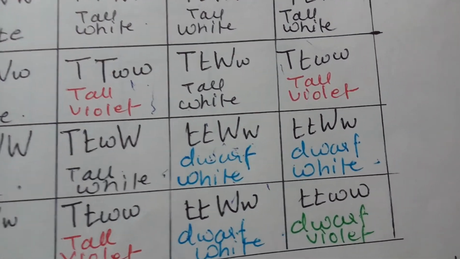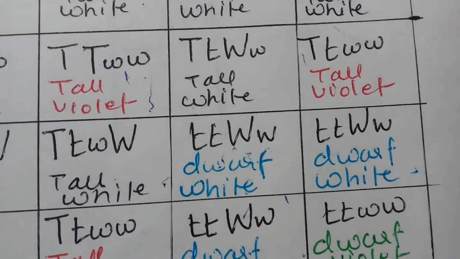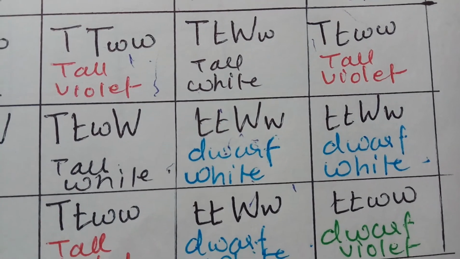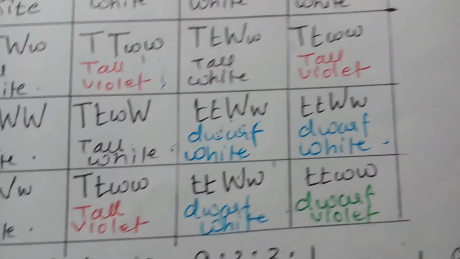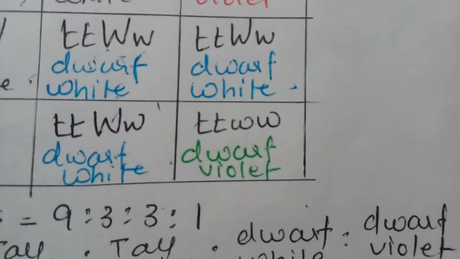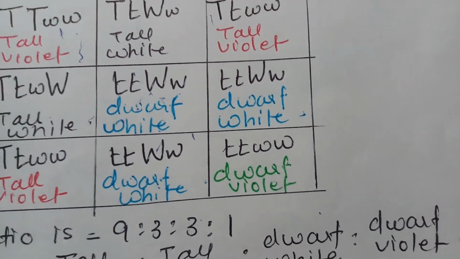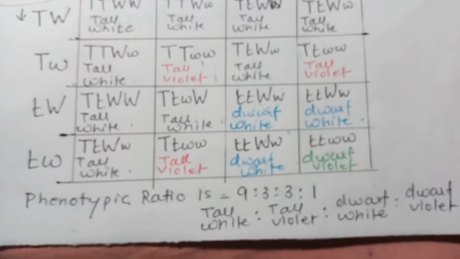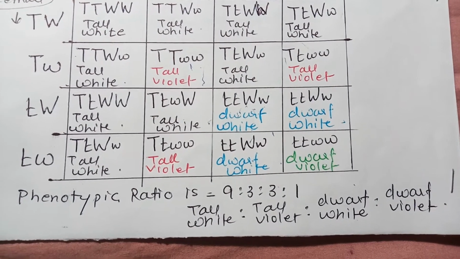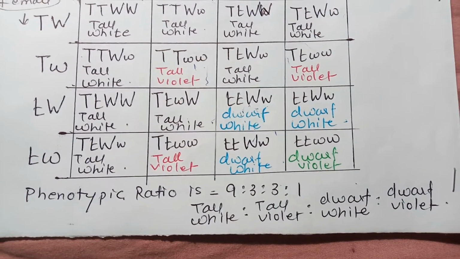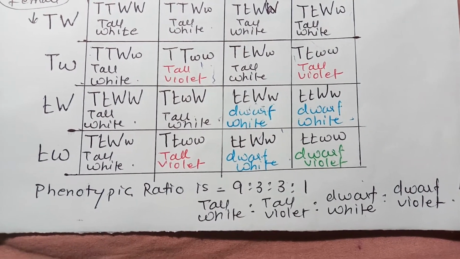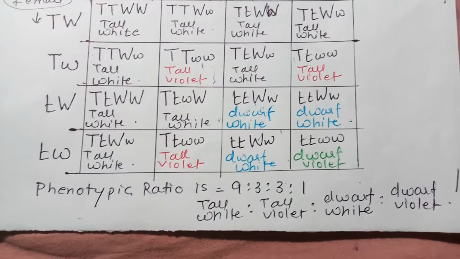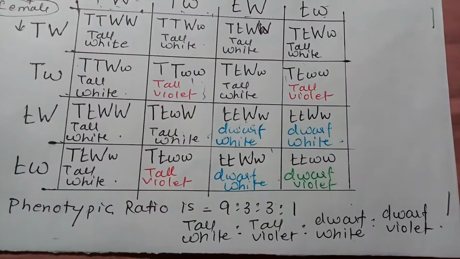Okay, so if you look here, dwarf white, capital T is not there, so this will be dwarf white. If you look here, dwarf violet, capital T and capital W both are missing. So the phenotypic ratio will be 9:3:3:1, that is tall white to tall violet to dwarf white and dwarf violet.